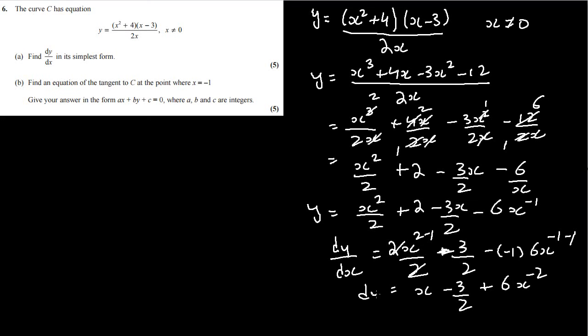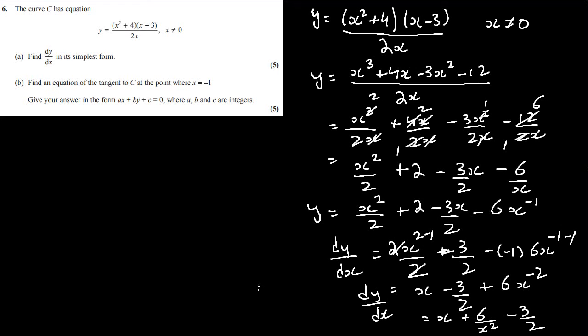This is your dy over dx. You can leave it here, or you can bring this x to the minus 2 to the denominator and write it like this: 6 over x squared minus 3 over 2.